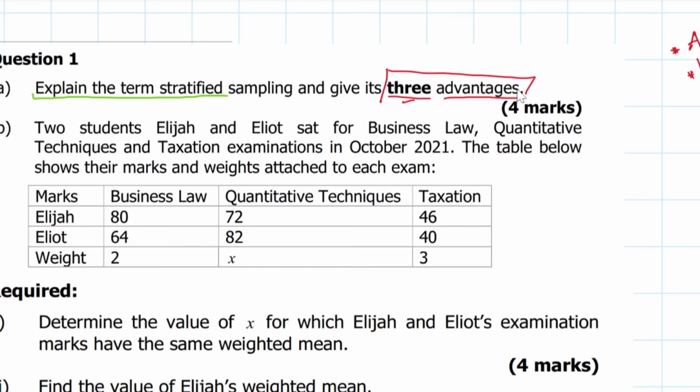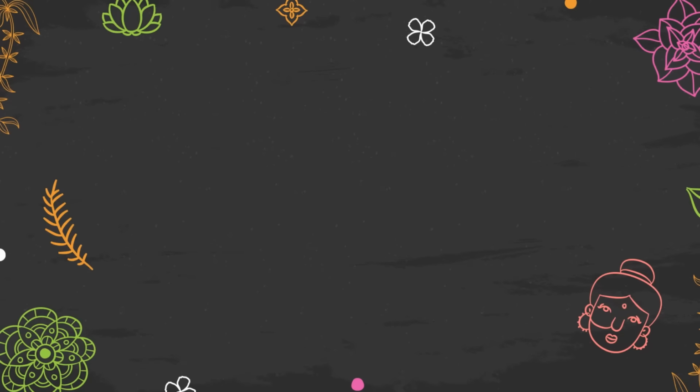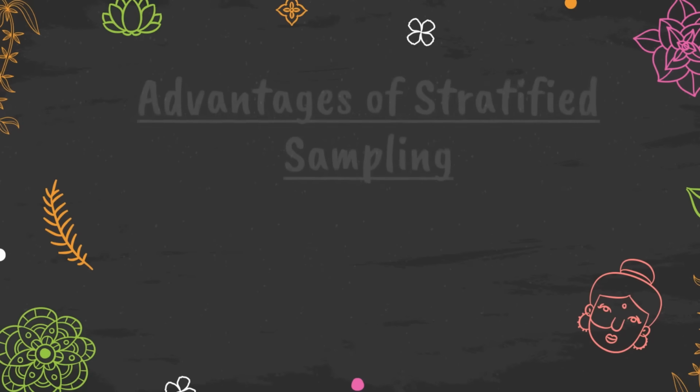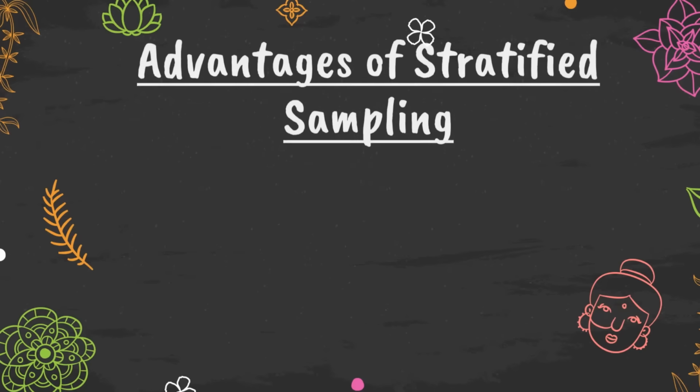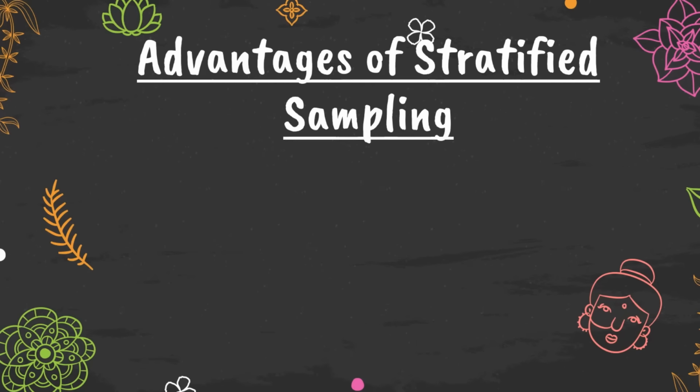Of course, let's get started with the advantages. The first one is increased precision and accuracy of the statistical estimates. Why do we say that there is increased accuracy? This is because of the considerable variability in the population. Representation from each stratum helps to eliminate sampling error, which leads to reliable results.